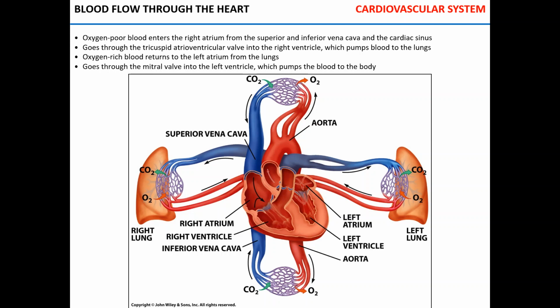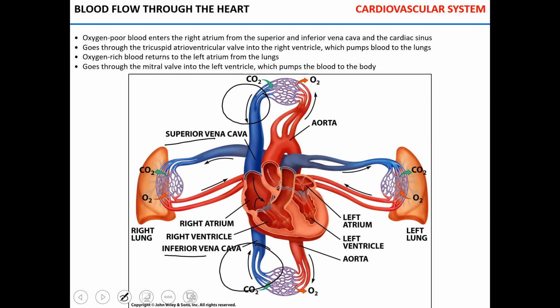Let's describe again the blood flow through the heart. Oxygen poor blood, shown here and here, enters the right atrium from the superior and inferior vena cava.